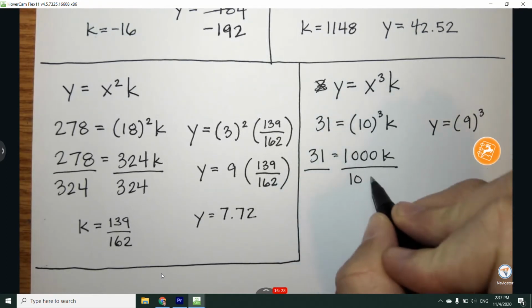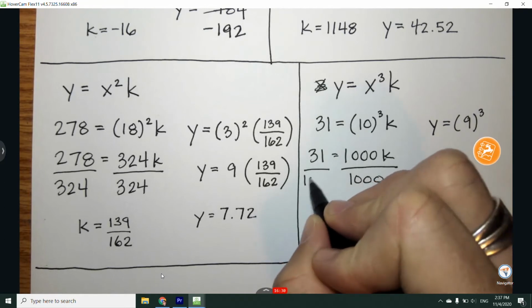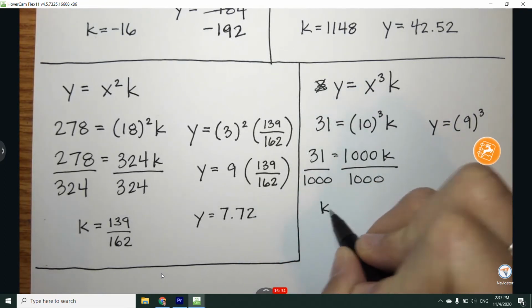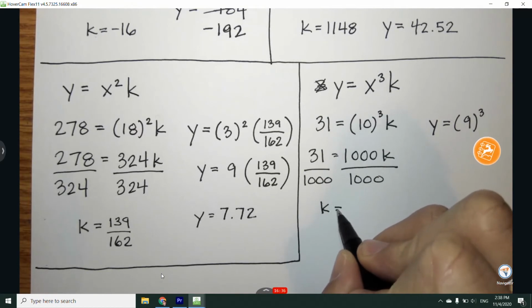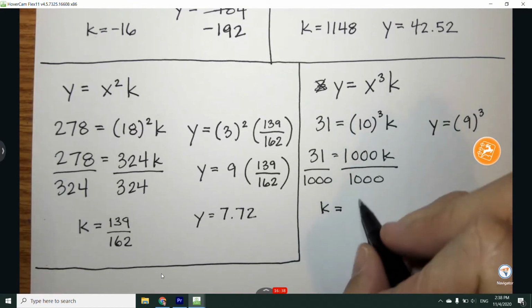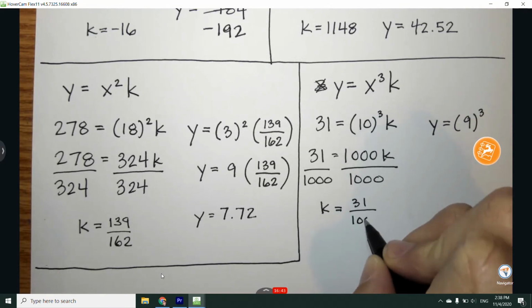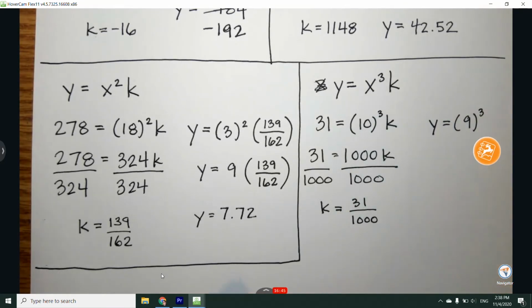So we got 1,000 here and 1,000 here. Now this k is not going to turn any prettier, so I'm just going to leave it as 31 over 1,000.